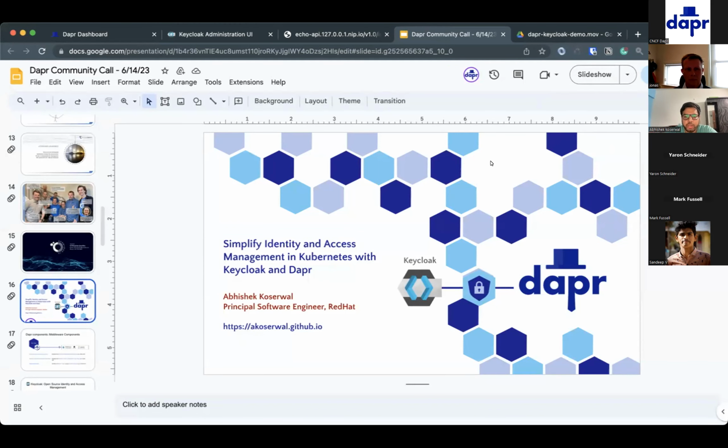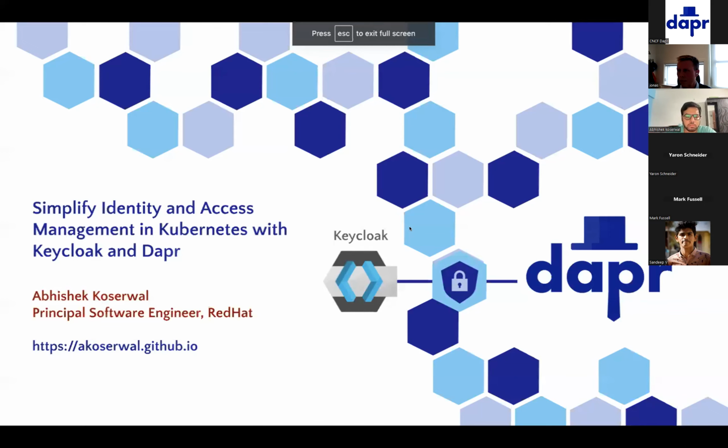In today's presentation, we will see how Dapr makes it easier for you to secure your microservices backend API on Kubernetes, with very little configuration and without worrying about putting security auth libraries in your main code base. So let me start the presentation.